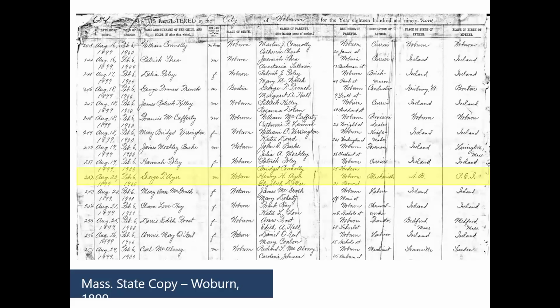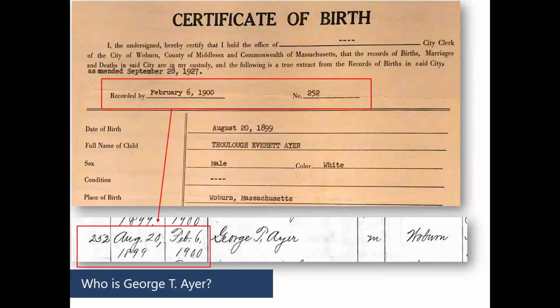So instead of finding my grandfather with his name, Thurlow Everett Eyre, I instead found this birth entry for George T. Eyre. Obviously, I had a question. Who is George T. Eyre?